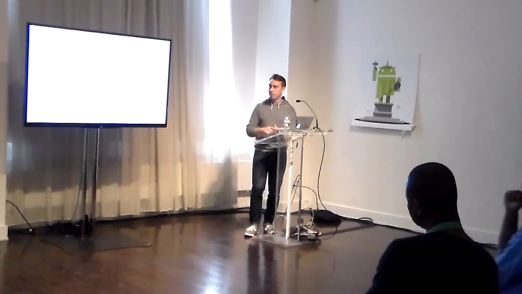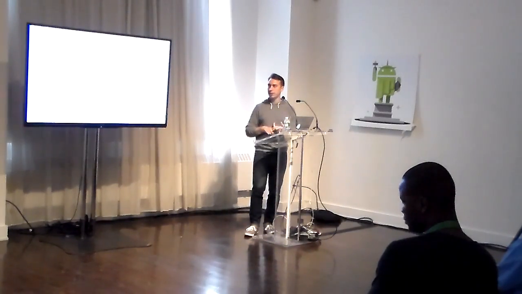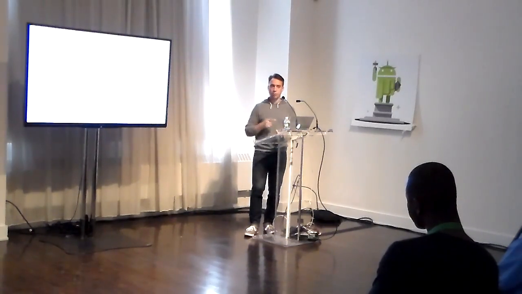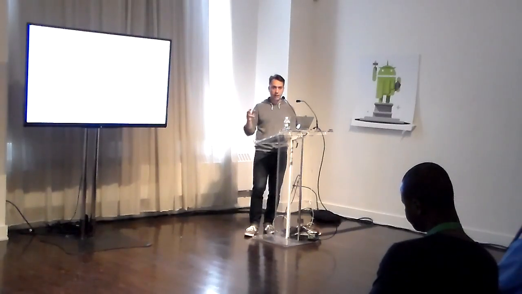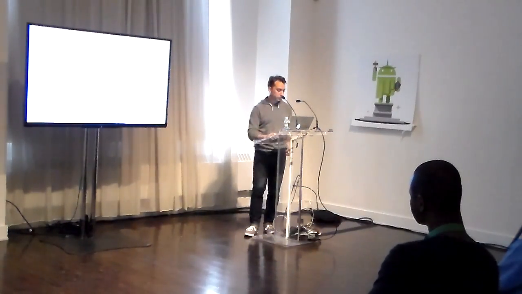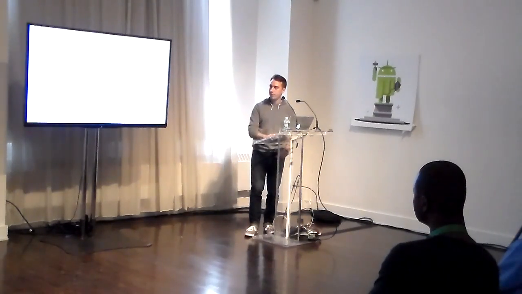So you pass in the table name and the values, and that argument in the middle, the second argument, is for a null column hack. If you are inserting into SQLite or SQL, you can't insert a row that has no values. So if you're doing that, then you need to have a column that you can define here, where you pass in this column hack that allows you to do that. In most cases, you probably are not going to do that, so you can just pass in null.